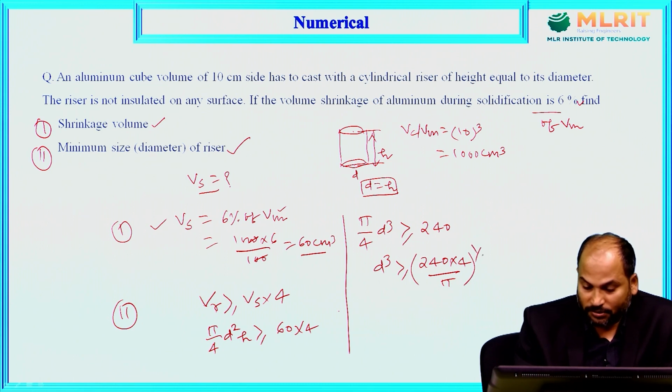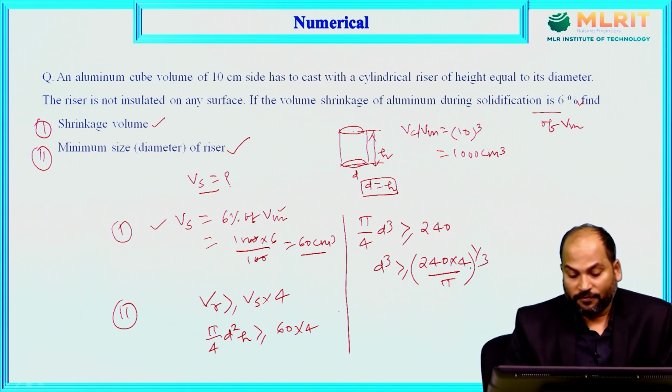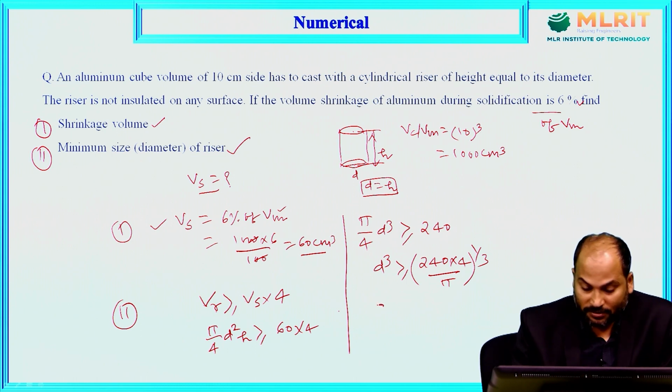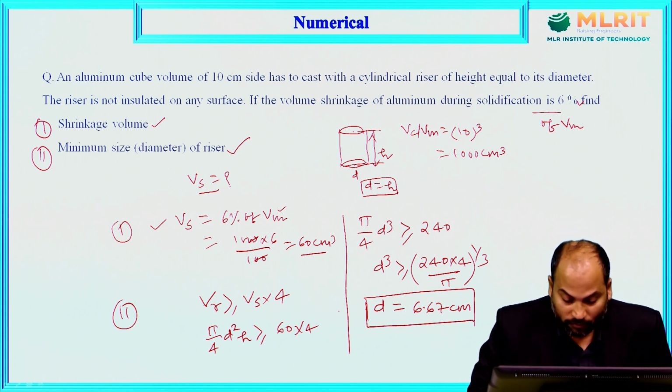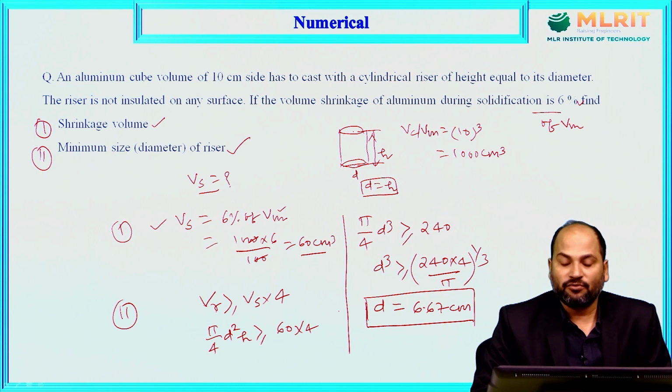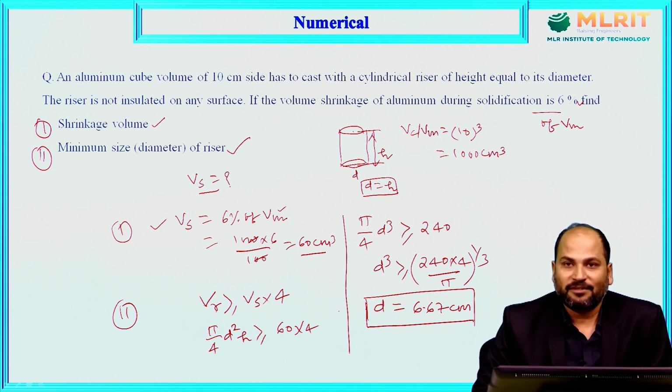If we calculate for d, we will find d is approximately 6.67 centimeter. So according to this, the minimum volume of the riser should be 6.67, but this is not the answer. Why is this not the answer?